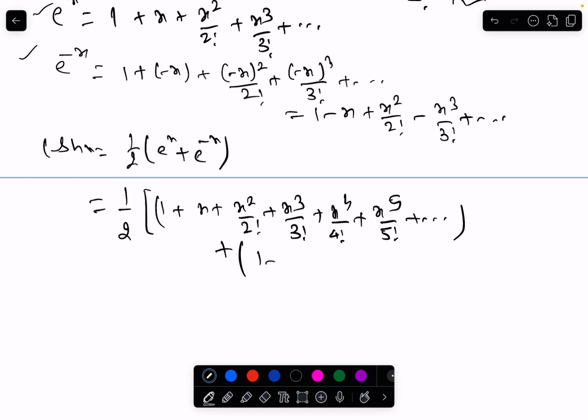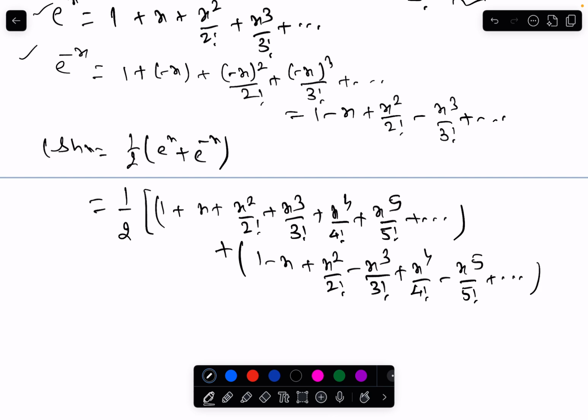So that is 1 minus x plus x square by factorial 2 minus x cube by factorial 3, plus x power 4 by factorial 4, minus x power 5 by factorial 5, and so on.